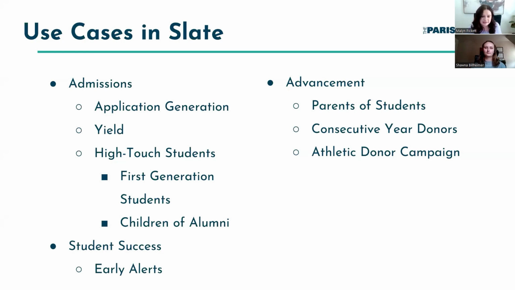For student success, think early alerts. For advancement, we have parents of students, consecutive year donors, and athletic donors. There are so many more that exist out there. So we would love to hear how you are using assignment lists and how you're thinking about using them in the future.